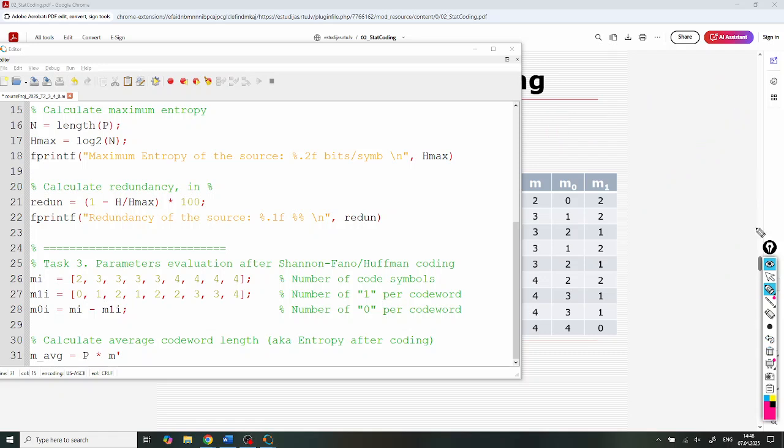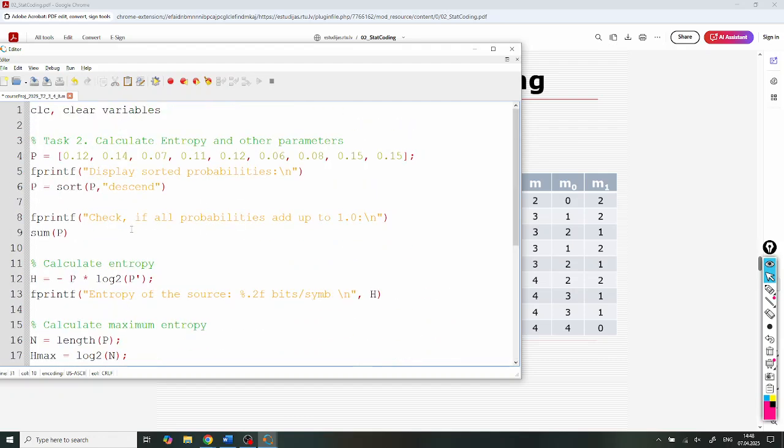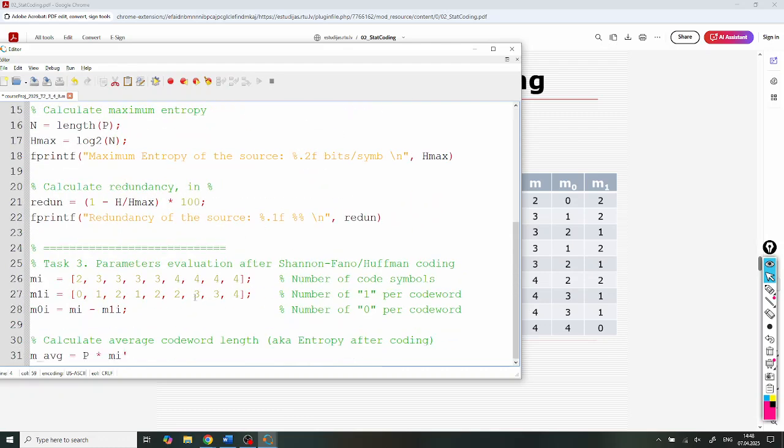So the same way it works here. I just make sure that my M, actually not M, but Mi, is a vector row, which I convert into column, and probability P is also a vector row. So a vector row needs to be multiplied by a vector column.